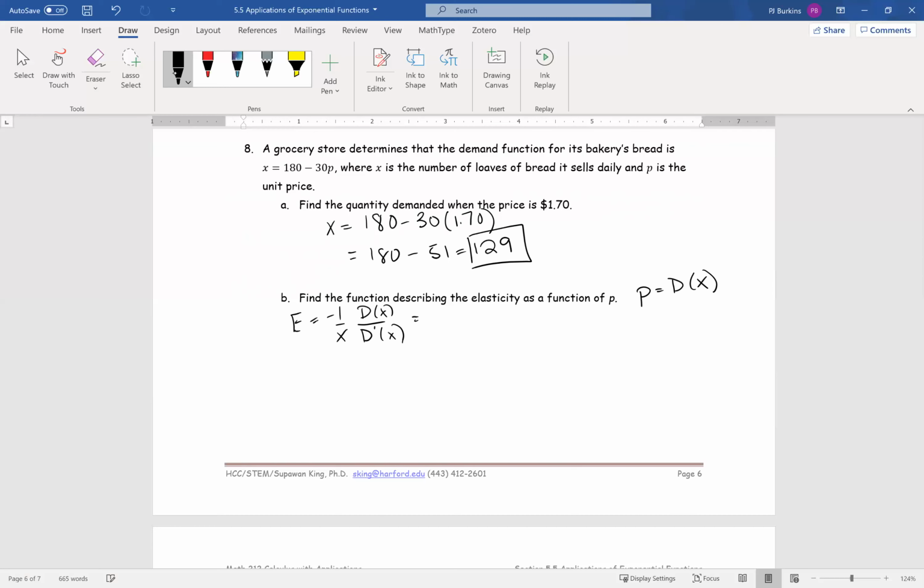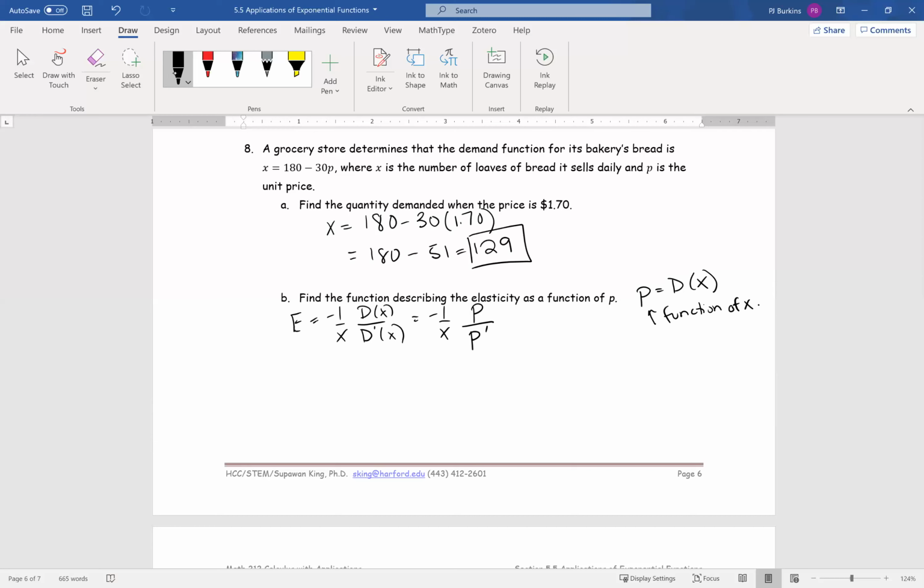So this is really minus 1 over x, p over p prime. And so p is also a function of x.